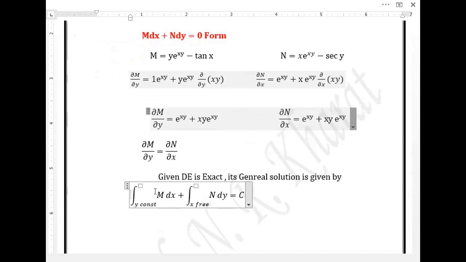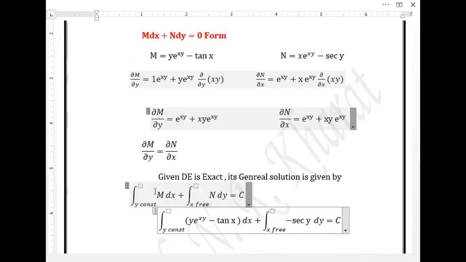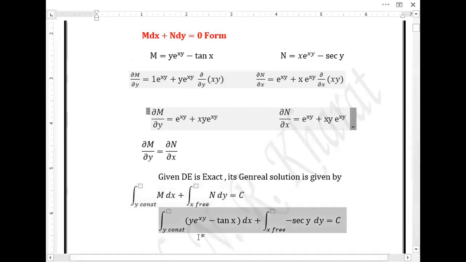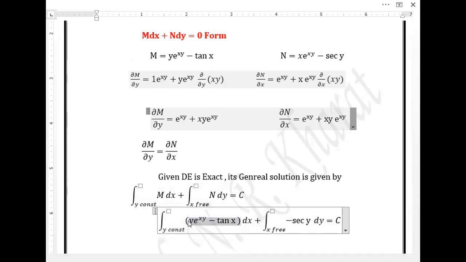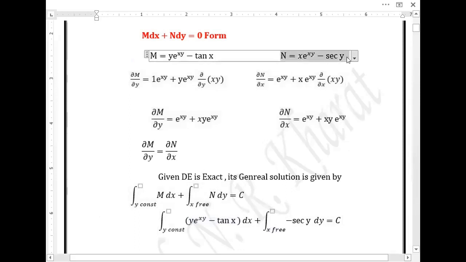So the equation of your m, we have to write as it is, under an integration sign. So we get integration with respect to x, keeping y as a constant, of y times e raised to xy minus tan x, which is your equation m. And in n, the n is the equation which is present here, so see here.